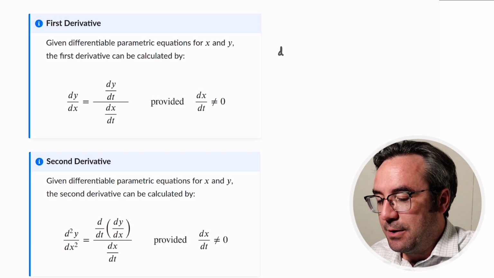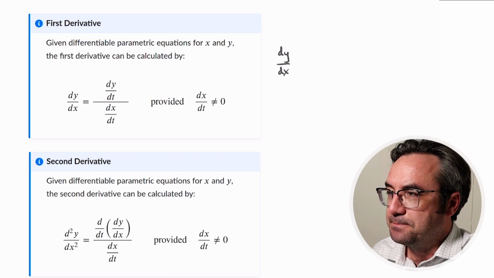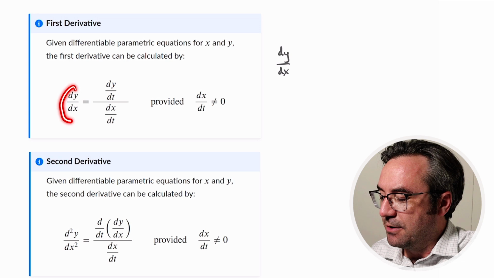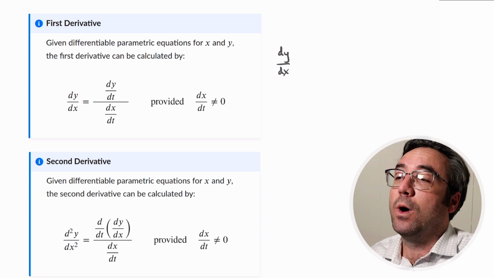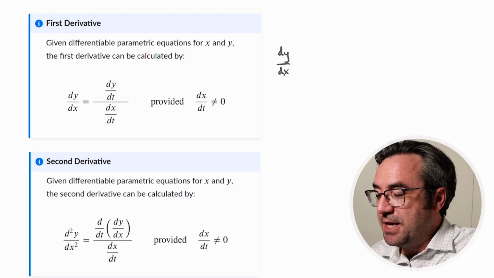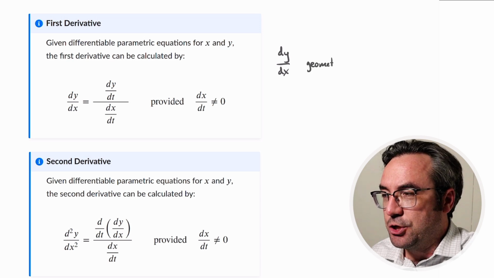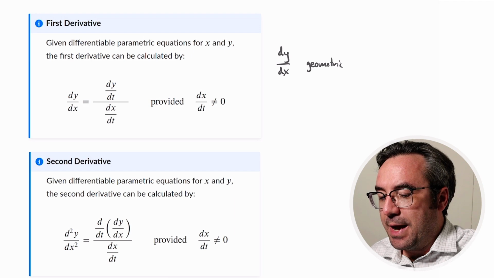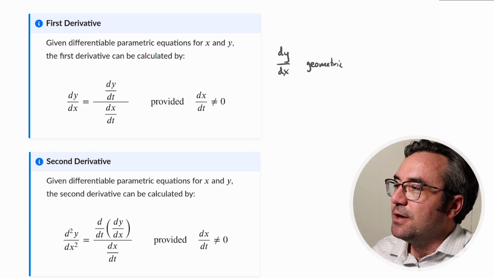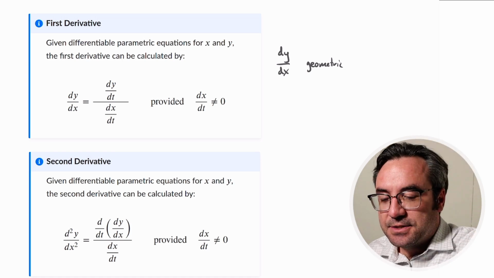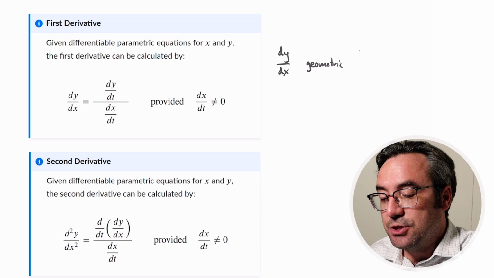First of all, what about the main derivative? This is the star of the show here, dy/dx. This is what we're seeing how to calculate. This is the same derivative that we saw all the way back in Calc 1. It's geometric in nature. If you remember, one of the first things we did, the derivative dy/dx calculates the slope of the tangent line.